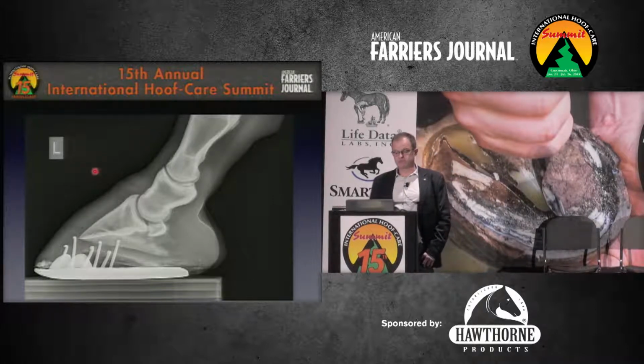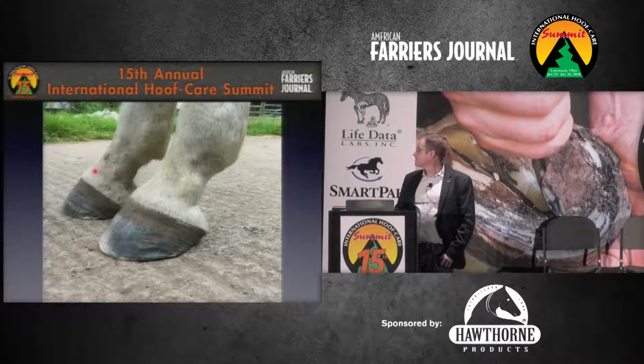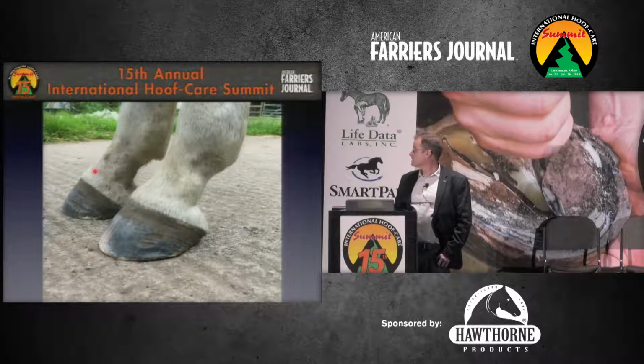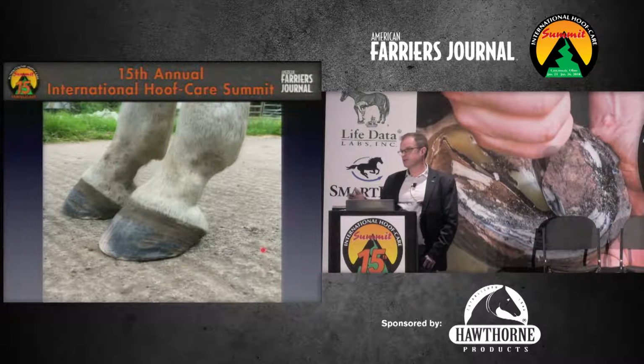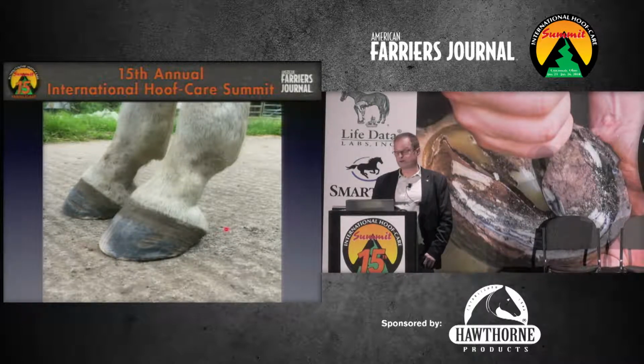So in that, sometimes trimming alone can be the solution. As you can see from the coronary band, I call it the trajectory of the coronary band. So take a look at your coronary bands, in the hind feet especially, and it gives you a good indicator of where the pedal bone is.